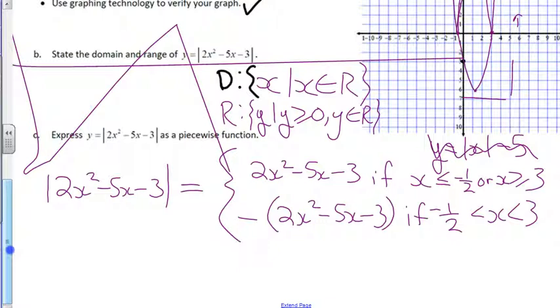If the original function is going to return a negative value, then you take the negative of it. The negative of this value, which would have come out negative in here. You put a 0 in there, you'll get a negative 3. Take the negative of it to make it positive. Okay? Questions? We're done.